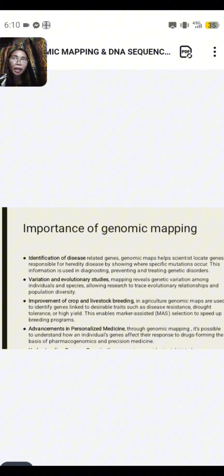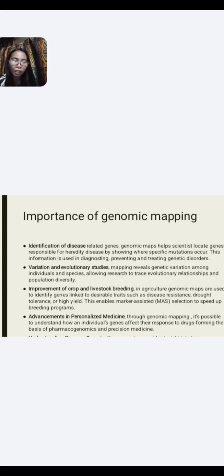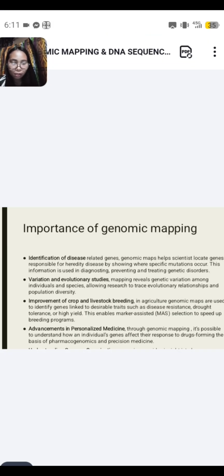The importance of genomic mapping in agriculture is that it can be used to identify genes for desirable traits such as disease resistance, drought tolerance, or higher crop yield.